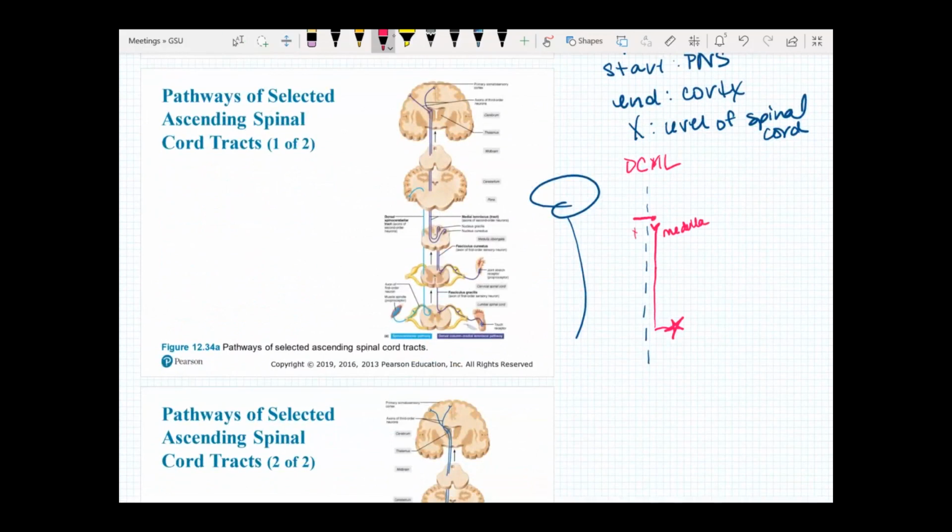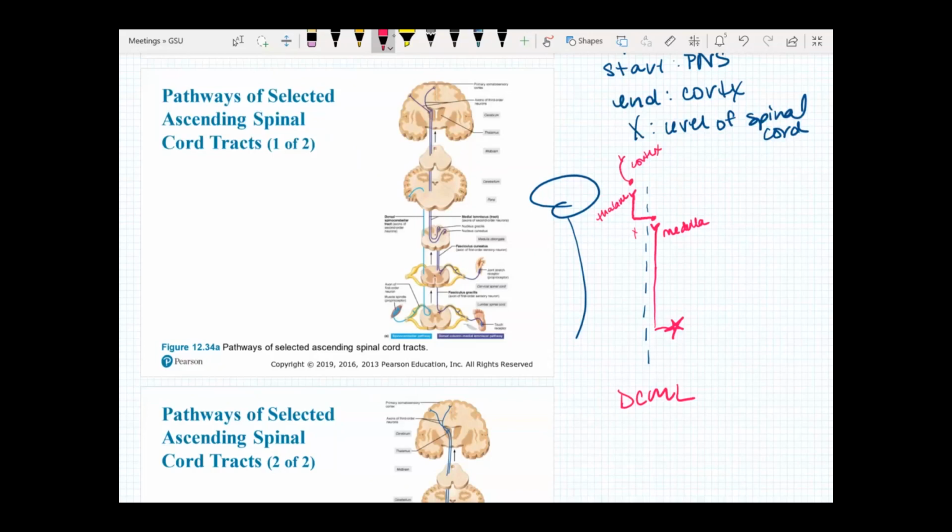And then it's going to go up to the thalamus. That's the second order neuron. And then after it goes to the thalamus, it is going to go to some area of the cortex. So this is the 3 relay chain of neurons that we have for the dorsal column medial lemniscus pathway.